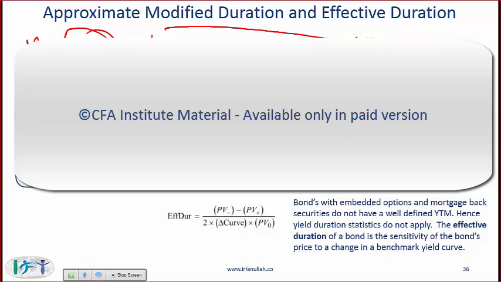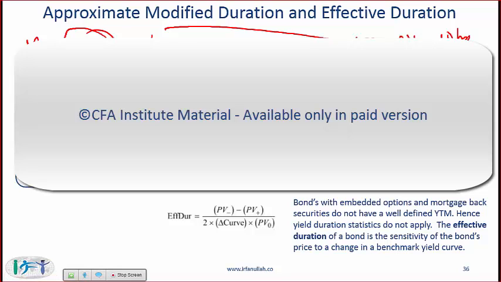So you have the PV positive. And then what if interest rates are decreased by 10 basis points? Then you will have PV negative. So it is conceivable that you are given PV negative, you are given PV positive, you are given that delta Y is equal to 10 basis points, and you are given PV naught, which is the initial value, and you are asked to compute the approximate modified duration, and you just plug and play.